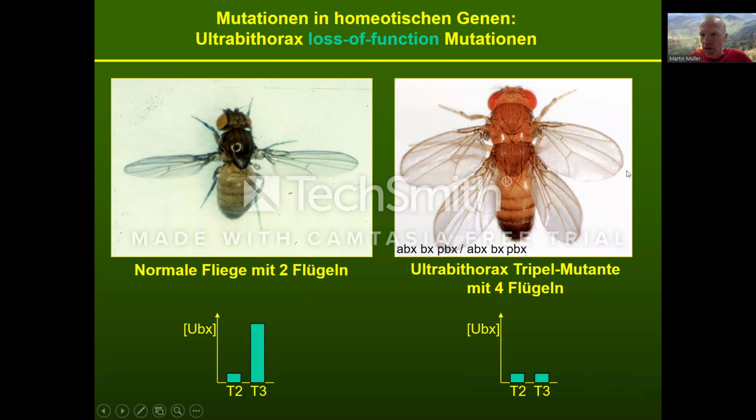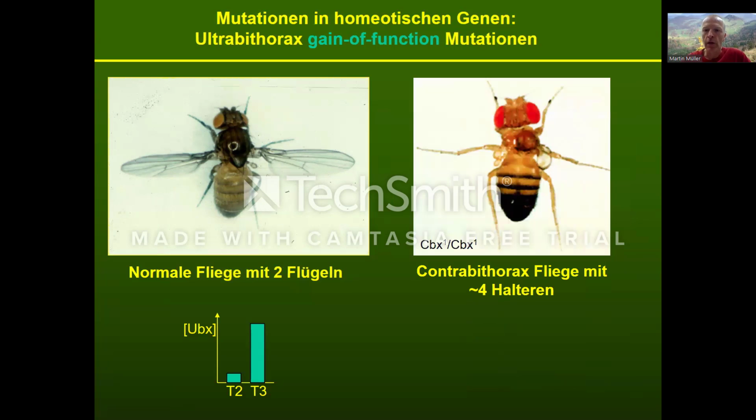T2 is where the wings are attached. We would have to go into homeotic gene genetics to explain why this is like that. We don't have the time for that, but this is a typical example of a UBX loss of function phenotype.